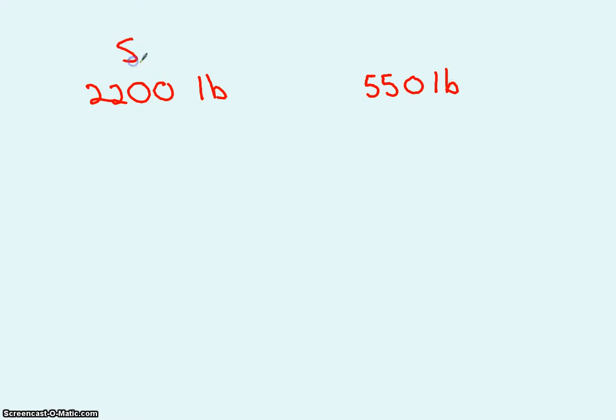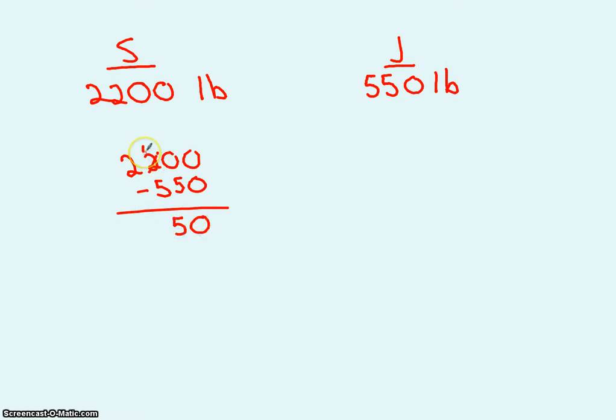If this was, say, Smith and Jones, you might say, well, Smith did 4 times as much work as Jones did, or you could say that 2,200 minus 550 is 1,650 more pounds.